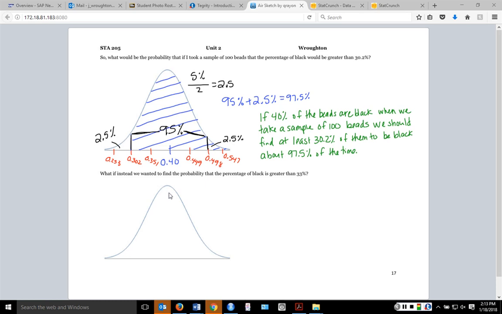What if instead I wanted to find the probability that the percentage of black beads is greater than 33%? I'm going to start with my same picture because I haven't changed the beads I'm working with, I haven't changed my sample size, so I'm going to have all of those same numbers along the bottom here.